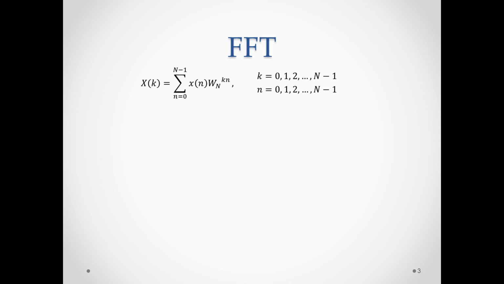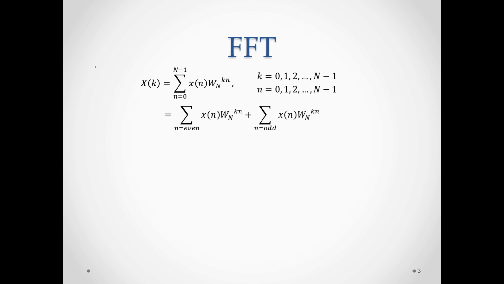What we do in the radix-2 method is that for a series, if we need to perform fast Fourier transform, we basically divide it into two equal parts. The first part would be all your even entries, and the second part would be all your odd entries.